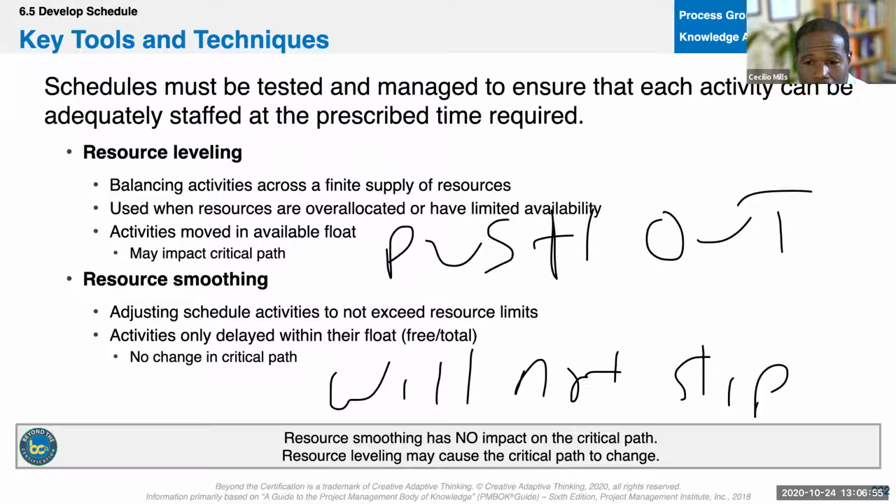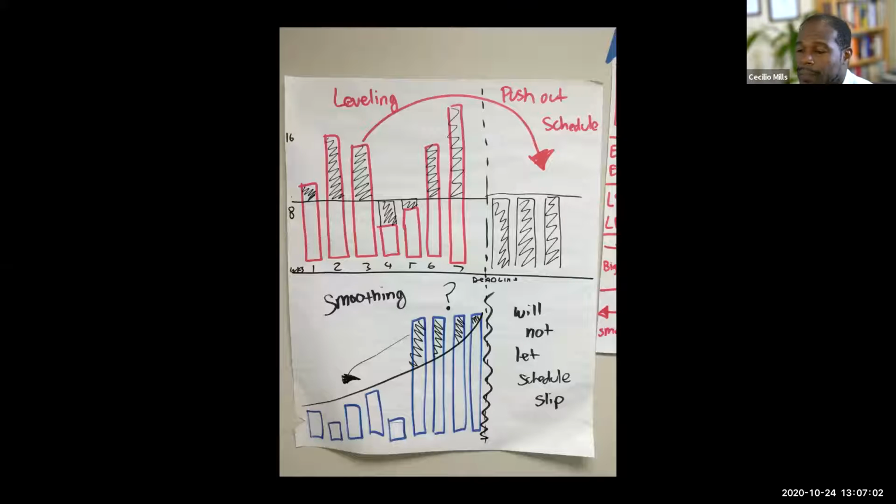Let me show it again. Okay, a really common example of smoothing is testing. The team's doing work, and then all of a sudden they're like, okay, we're done. Testers come in and test, and now they have this huge load.